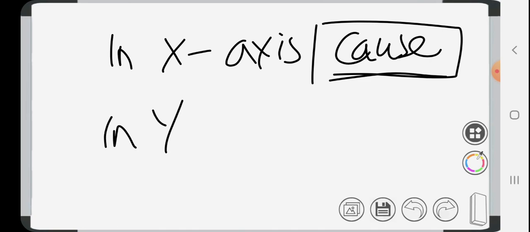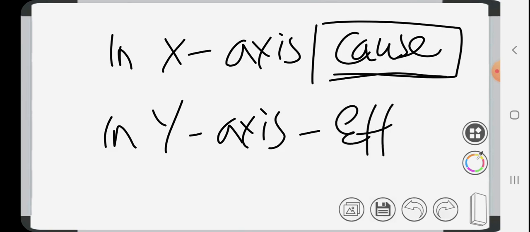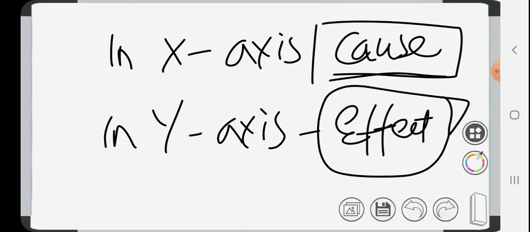The effect will be on the y-axis only. Cause will always be plotted on the x-axis. Effect will be plotted on the y-axis. Students, you must always keep in mind that on the x-axis we always plot the cause, and on the y-axis the effect. This is applicable in any subject and any problem. I'm not specifying this for this particular problem only. So this is applicable anywhere.